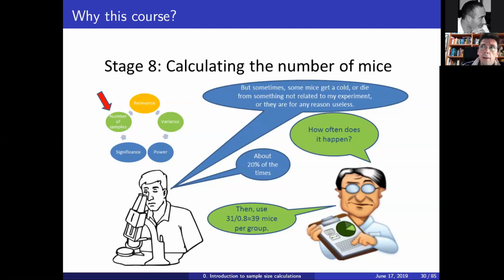Okay, bad luck. Try to do it better for the next time. But in general, you need to think about what is your situation and how many animals you need for a single experiment.